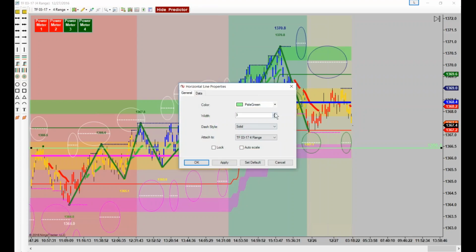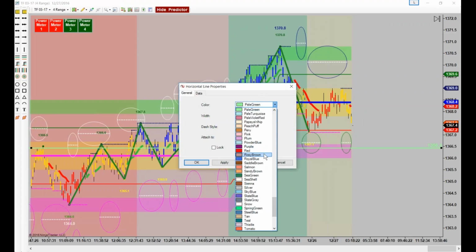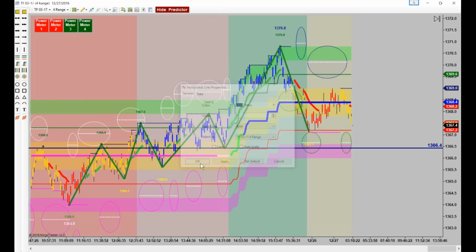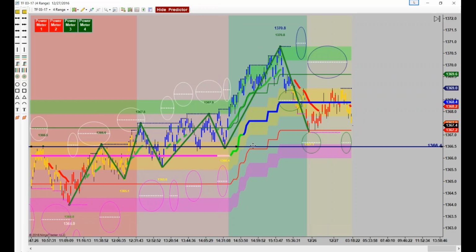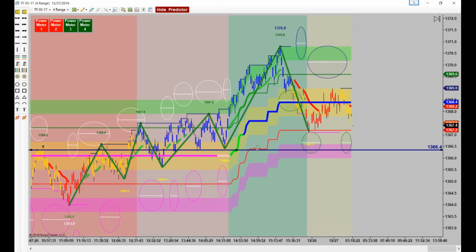To me, if it breaks this line, more than likely this would head short, but I'm not going to just short it right away, simply because how many times have you done that? You short it right there at support, it goes down 3 ticks and then bam, off it goes. So if it's going to change trends, it would have to break this swing right here on this particular chart. Now we also have support right under here.